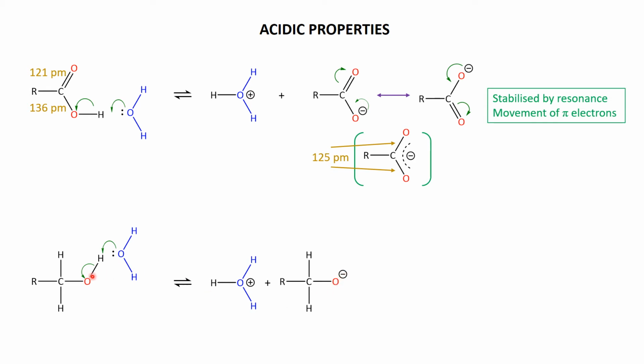It would rather have a hydrogen to bully. And so alcohols are terribly weak acids, so weak they're hardly acidic at all, because they have no way to stabilize the conjugate base. Very, very important that you appreciate that carboxylic acids are good acids because they have a nice, stable conjugate base.